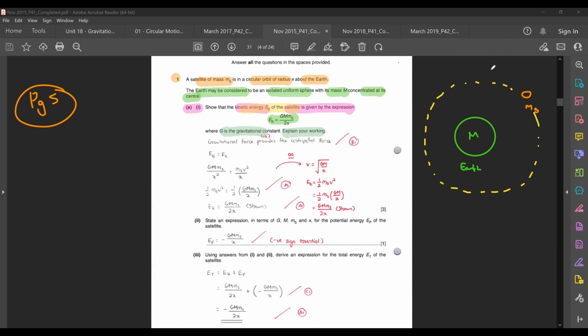So first thing first, to find kinetic energy is half mv squared. You could have applied it to your satellite here, but you need to find out what is your linear speed v first.